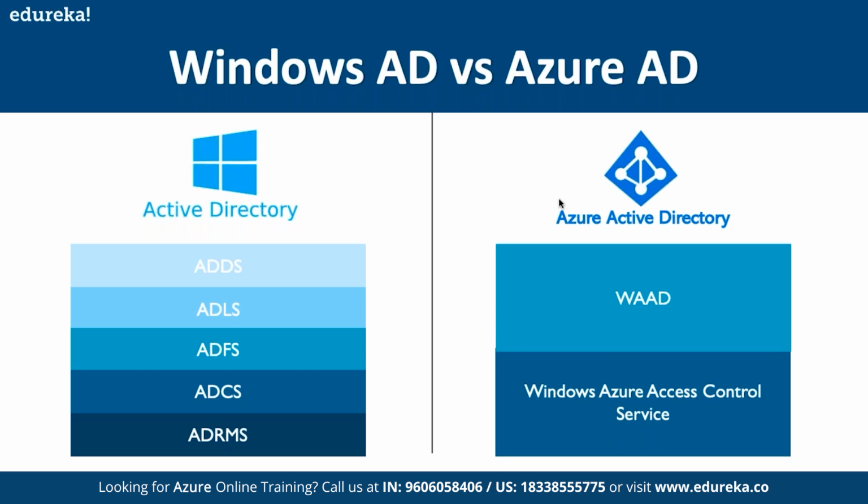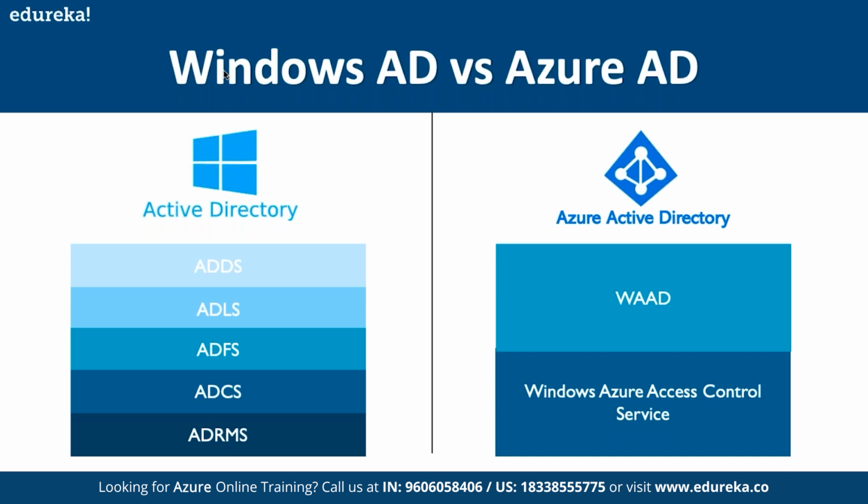And then in Azure Active Directory, we have support for WAAD. WAAD refers to Windows Azure Active Directory, which makes sure that we have the entire support given to us in terms of easier integration, correct? So with Windows Azure AD, it allows us to extend the local infrastructure's identity and access management to the cloud seamlessly, so that it becomes easier for us to migrate the on-premise Active Directory to the cloud by using the Active Directory services available.